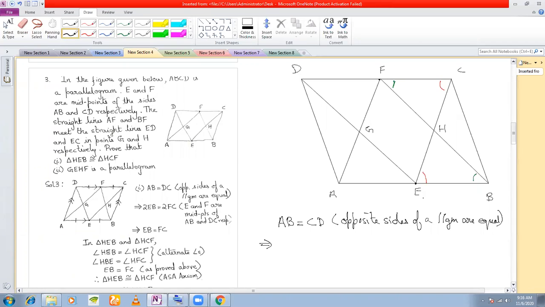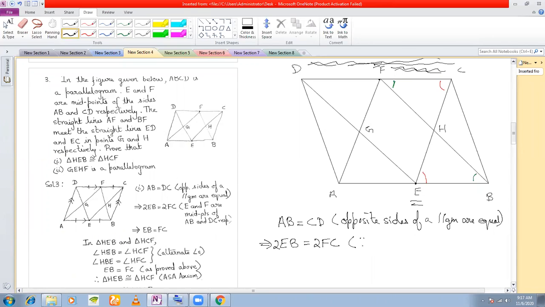But what is AB? It is given that E is the midpoint. So therefore, AB is twice EB. Am I right? F is the midpoint of CD. So therefore, this length must be half of this entire length. That means this entire length must be double of this length. So you can write this as twice FC.